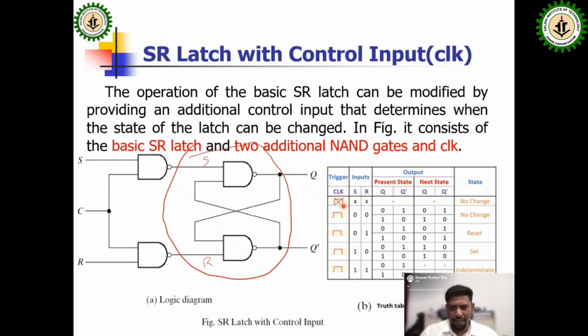When no clock pulse is applied, which is the cross sign in the clock pulse position, then no input S and R is taken and you do not get any output value; present state and next state show no change.